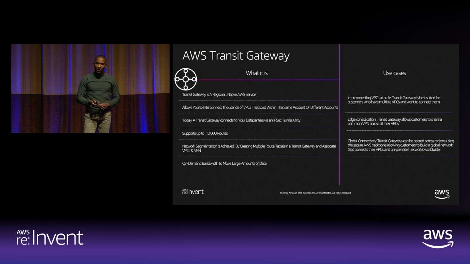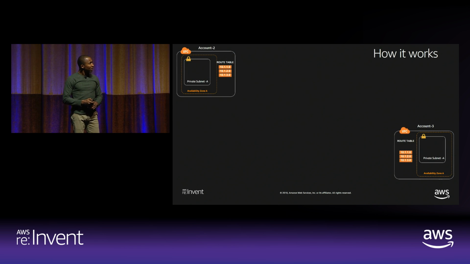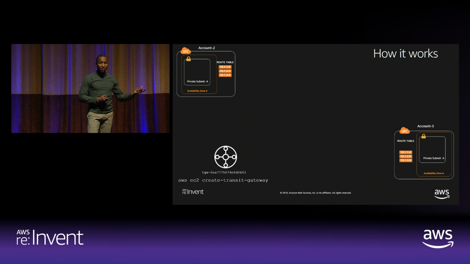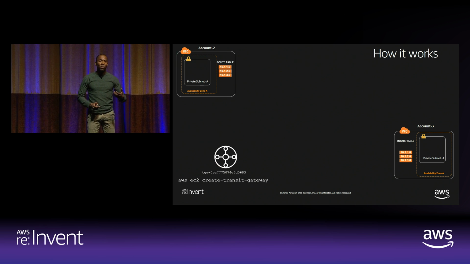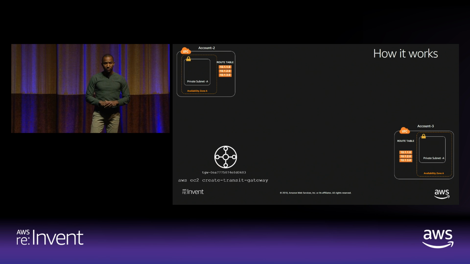When you create a transit gateway, the first thing we do is ask you to specify the subnets within the VPC where you want us to create the network interfaces that give your transit gateway access to your overall VPC subnets. And I'll repeat that. When you create a transit gateway, we create a network interface in a single subnet per availability zone that gives us access to all the subnets within your VPC.